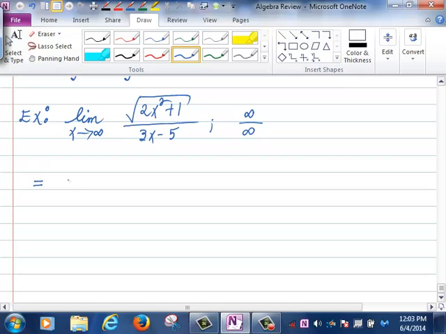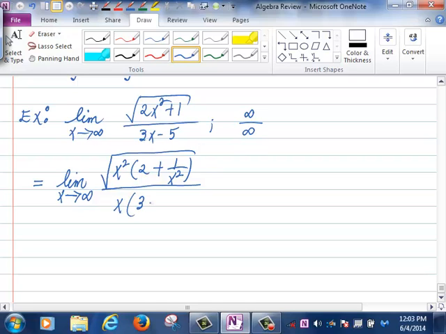Well, even though I don't have a polynomial in the numerator, I can still apply the same trick. Okay? So you take the limit as x going to infinity. In the numerator, I'm going to factor out x squared, so I'm going to get 2 plus 1 over x squared, and then I have the square root here. And in the denominator, I am going to factor out x, and then I have 3 minus 5 over x.